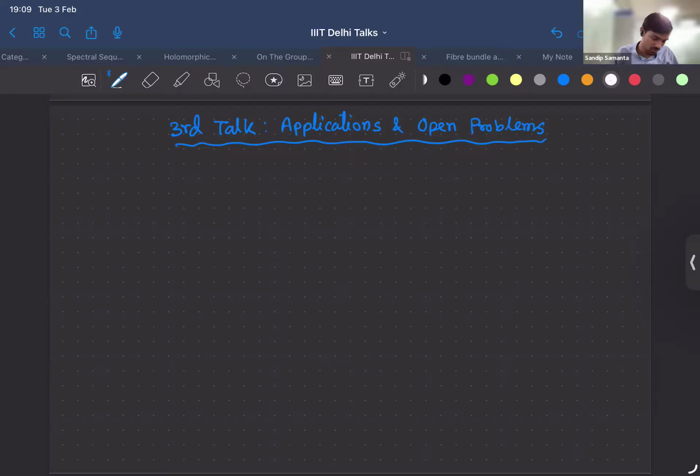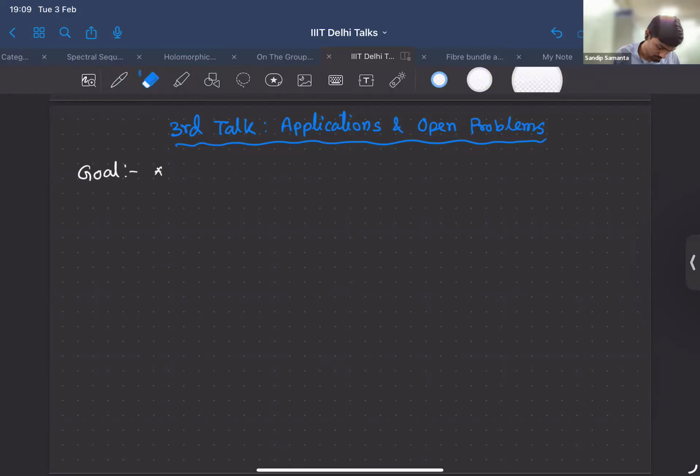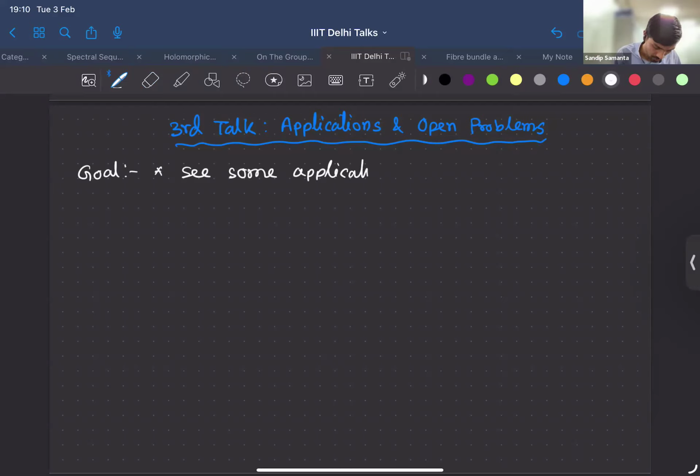So we defined certain notions of this group of self-homotopy equivalences. Let me just write today's goal. First is to see some application of this thing or its variant.